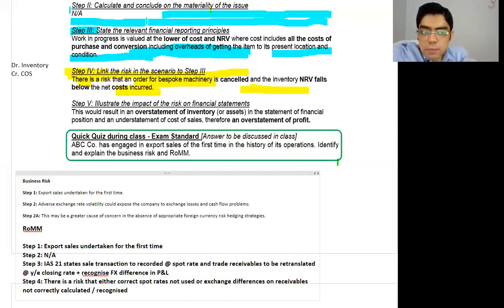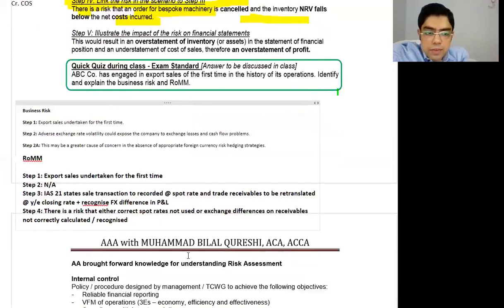This is the risk, this is the trouble. Now, if this risk materializes, what's going to happen? What is step 5? Step 5 is you have to illustrate the impact of the risk on the financial statements.